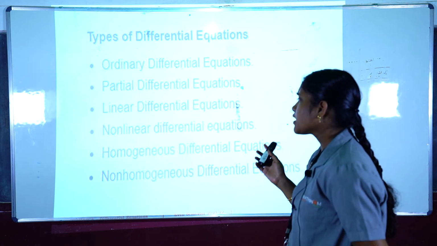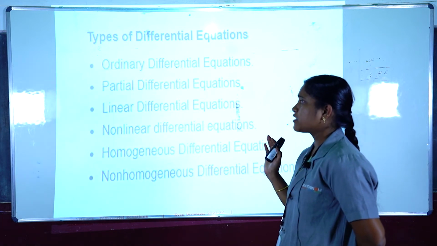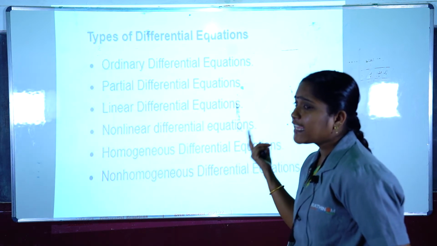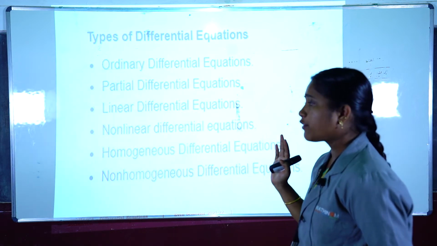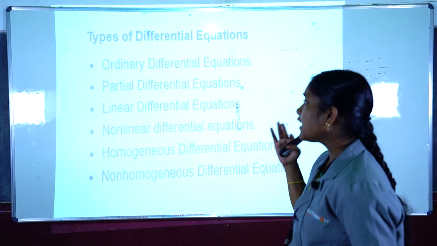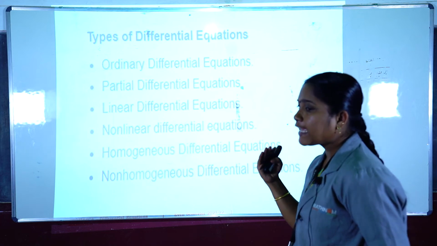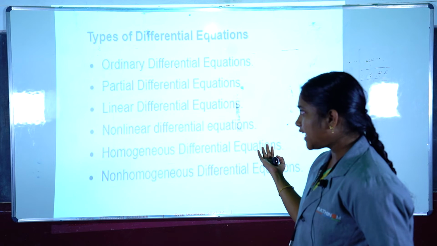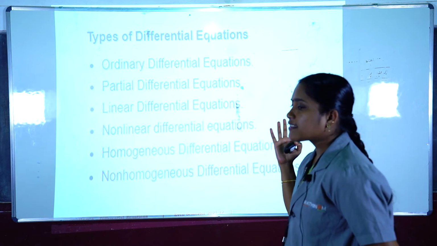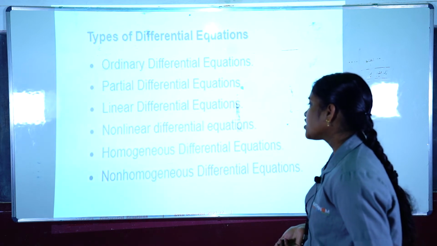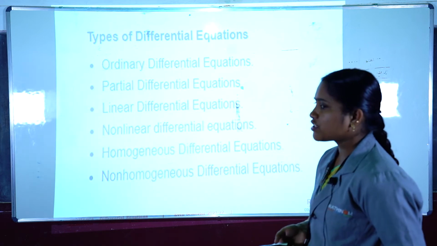Suppose we have more than one independent variable in an equation, we call this a partial differential equation. Linear and non-linear differential equations are classified by the degree of the particular differential equation. If the degree is equal to 1, then those types of differential equation are called linear. Otherwise we call them non-linear differential equations. Then homogeneous and non-homogeneous differential equations.